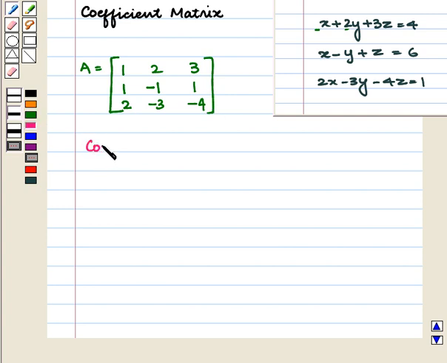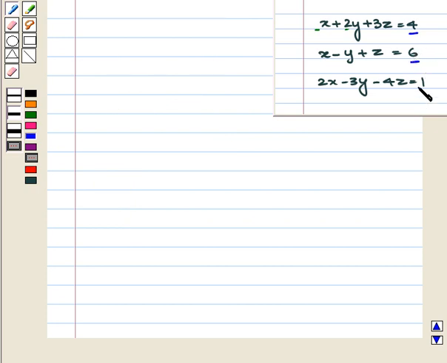Also, its constant matrix is B equal to the matrix containing elements 4, 6, 1.